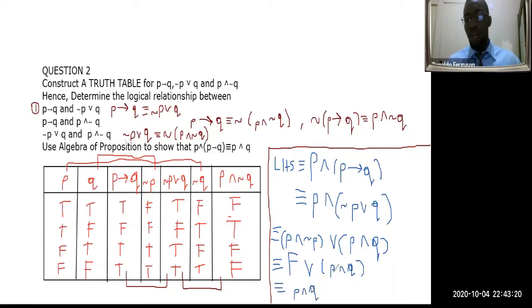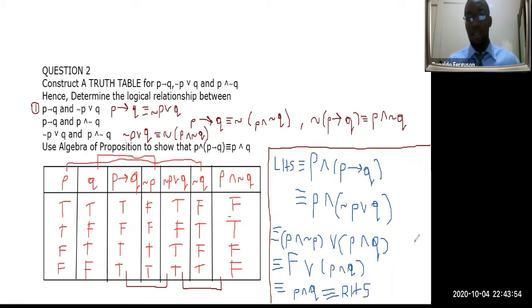Because if P and Q together is true, then false or true is true. But if P and Q together is false, then the result is false, which is still P and Q. And so the result of OR in this case depends on P and Q. And so this is logically equivalent to our right hand side. And so this finishes the proof using laws of algebra of proposition. Easy. Nice. So that's question 2.